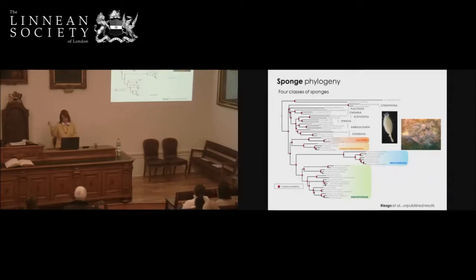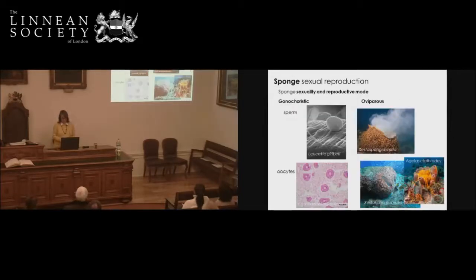They were discovered a long time ago, but only in 2006 or something like that, they were erected as the 4th class of sponges. These are the beautiful hexactinellids, or glass sponges. They as well have silicate or silica skeletons. And finally, the most abundant and diverse of the sponges, the demosponges.